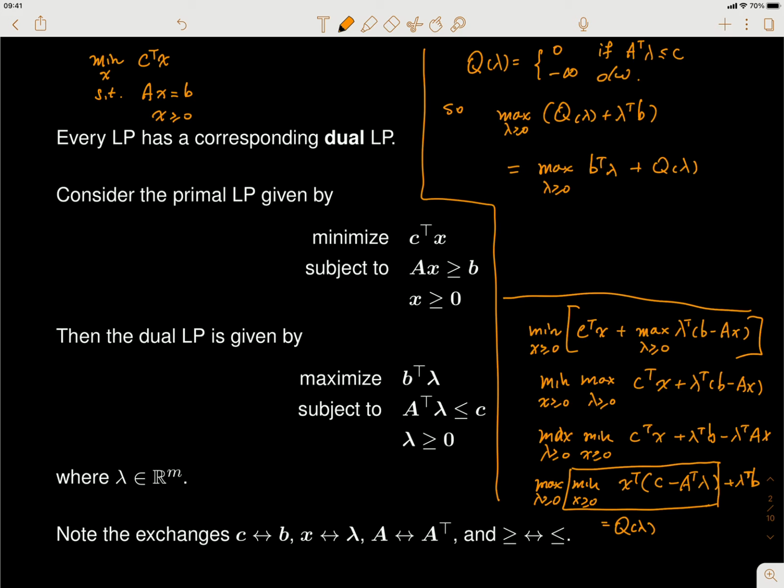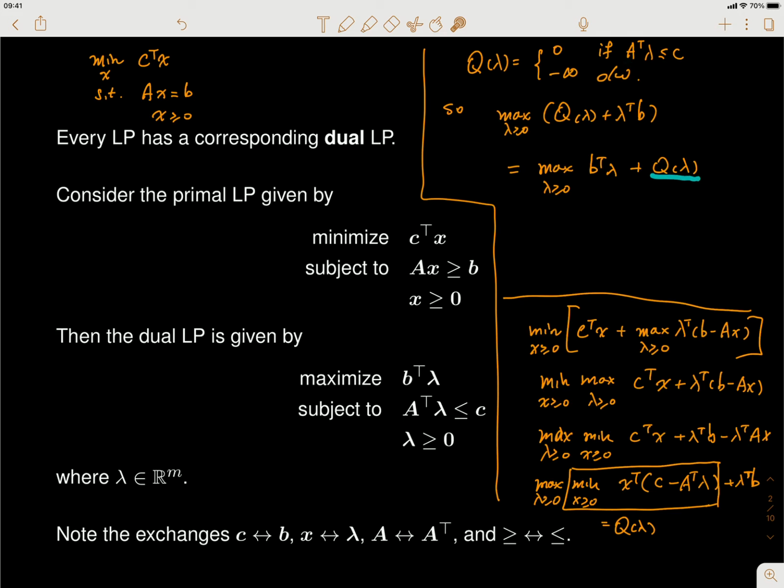If lambda satisfies this condition, q of lambda will be just equal to 0. And if it's not this, then it will be negative infinity, so this thing here will become negative infinity. And since we're maximizing, there's no way we can maximize it if this is negative infinity, right? That means the lambda must not violate this. It must be one of the points that satisfies this.